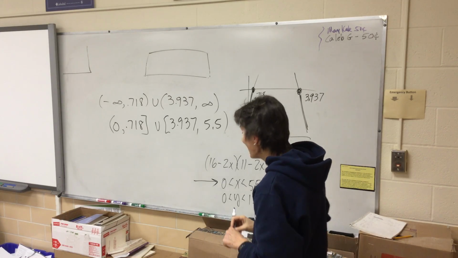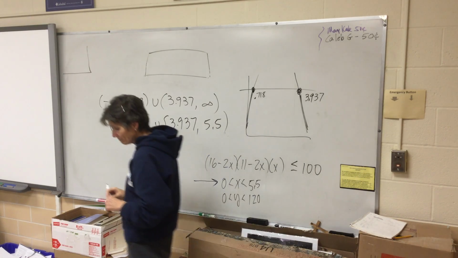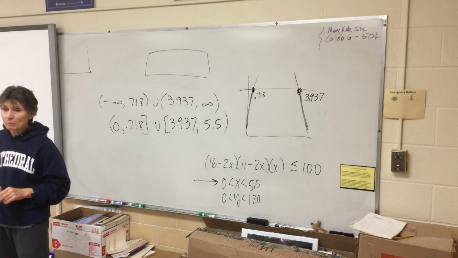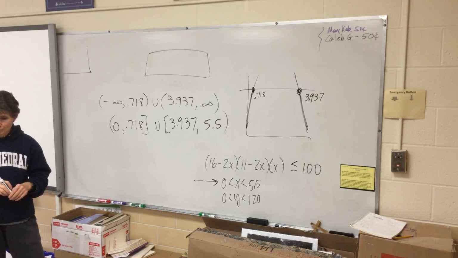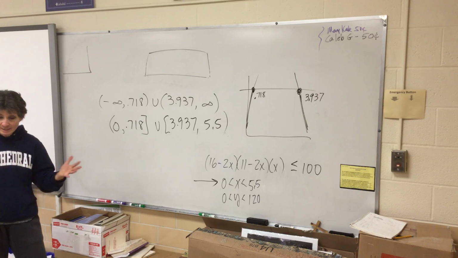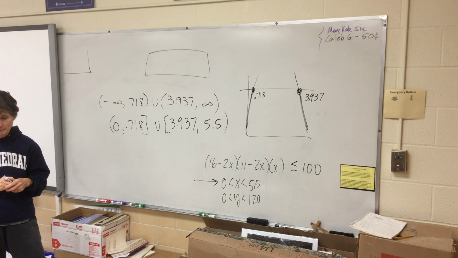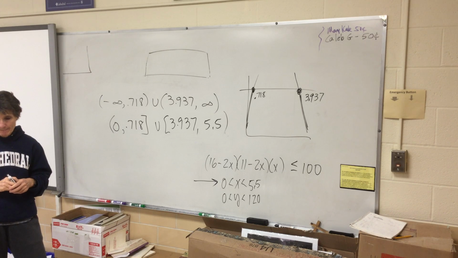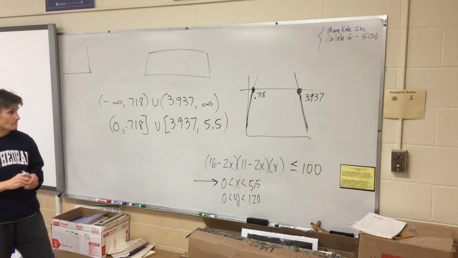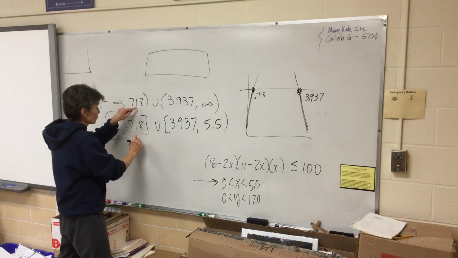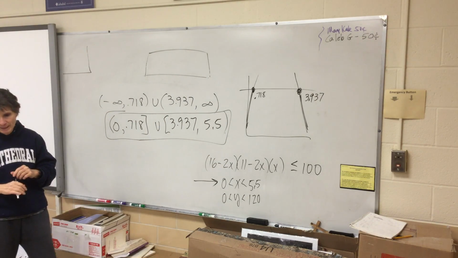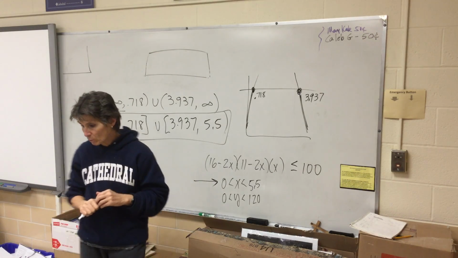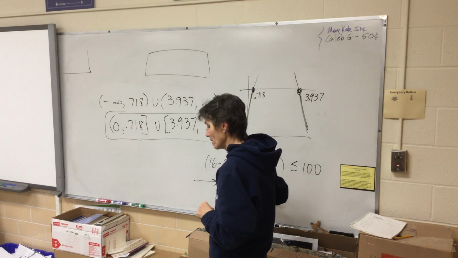X cannot be 5.5 or bigger, because if it were, you would not have a box. You wouldn't have an X to cut out. So this was the right idea, but this is the actual answer. Does that make sense to everybody? Within the parameters of your domain.